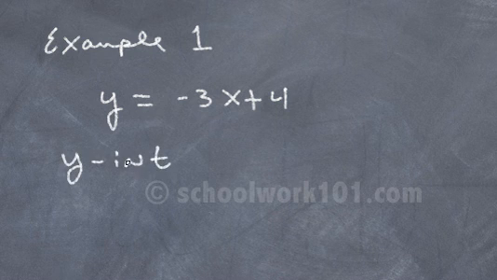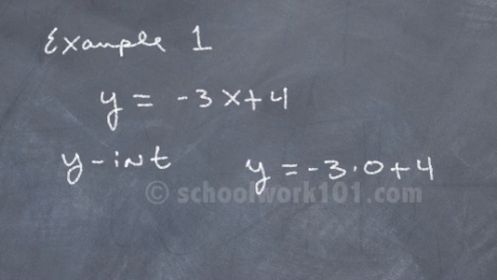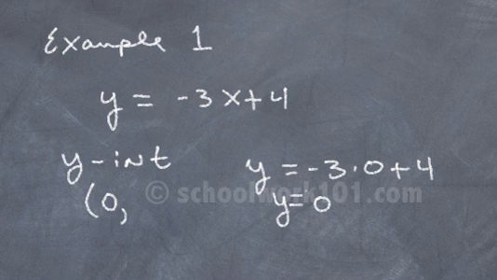The y-intercept, and of course I'm just shorthanding it by int, here's intercept. So what you want to do here is plug 0 in for x. So y, and this is the easiest one to be dealing with. So therefore y must equal 4. So our y-intercept is going to end up being 0, comma, and it's not 0, but it's 4, right? Okay, 0, 4. So the graph crosses at 0, 4.